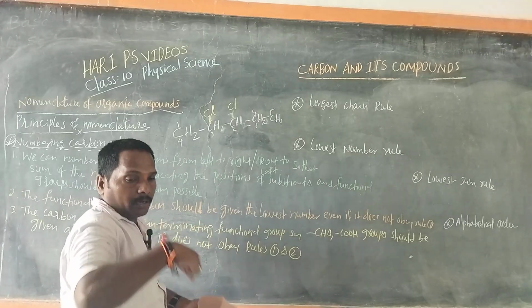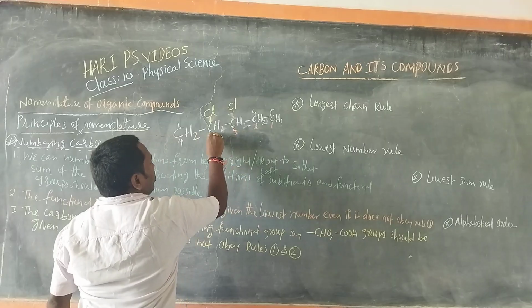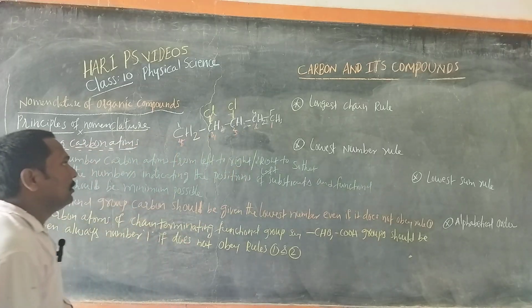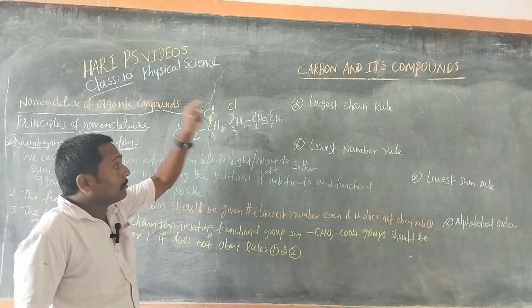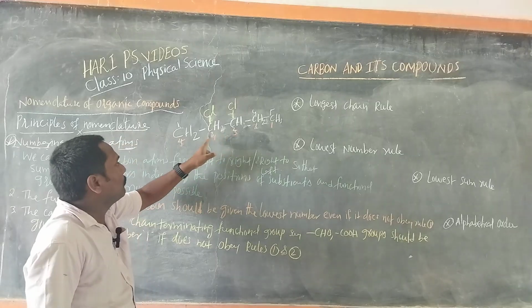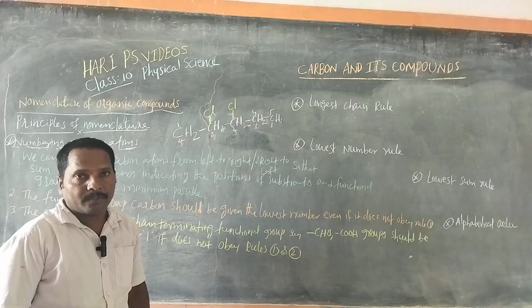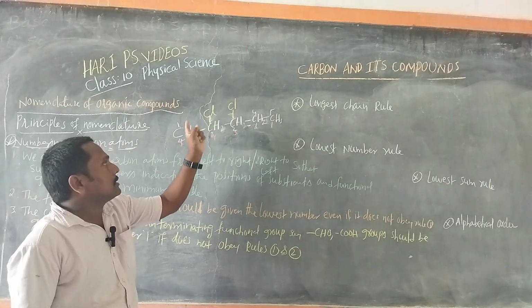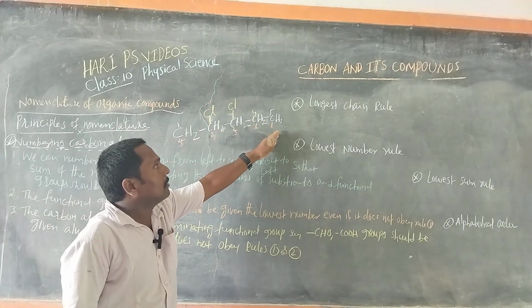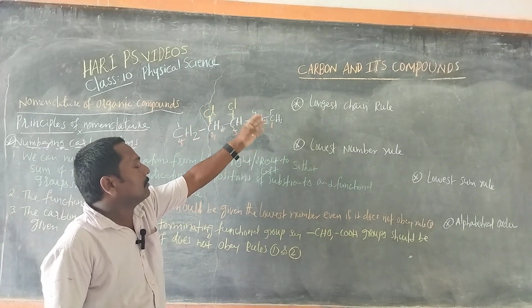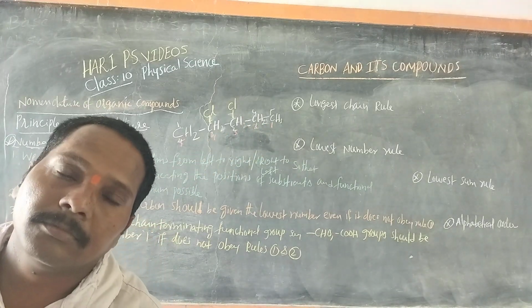When we count from right to left, 1, 2, 3, 4, 5, the third carbon and fourth carbon have substituents. When we count from left to right, the second and third carbon have substituents.